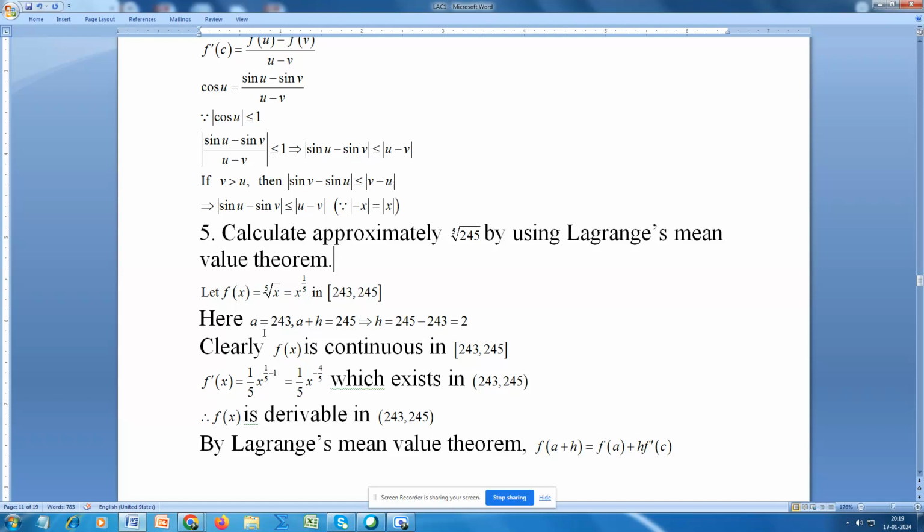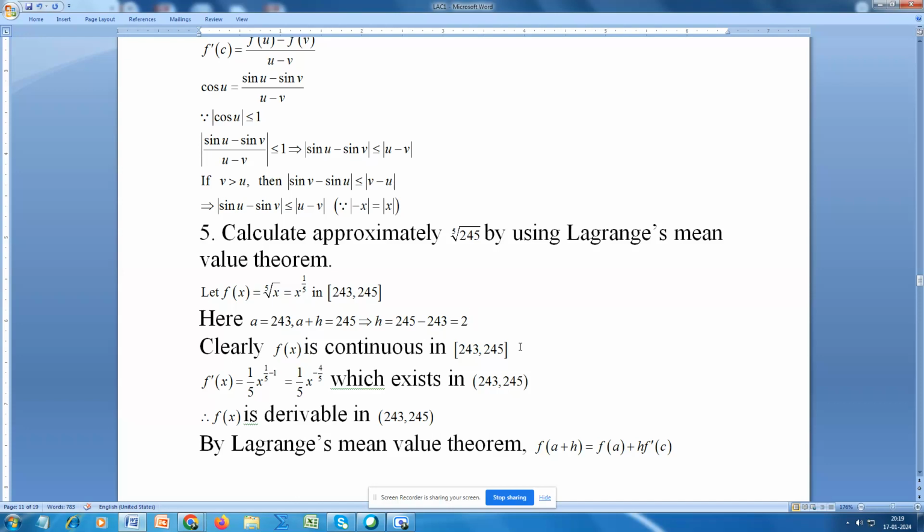You take a number which is a valid number. So here a is equal to 243, a plus h is equal to 245. That implies h is equal to 2.